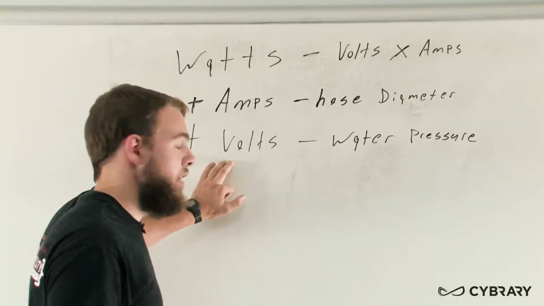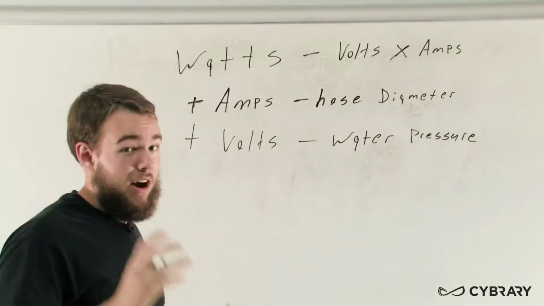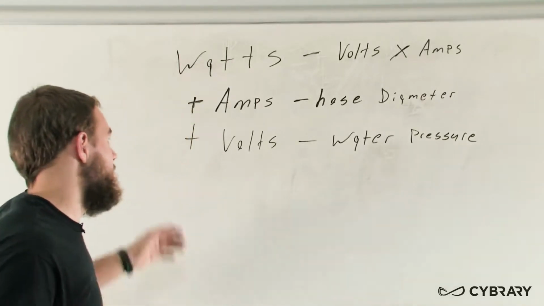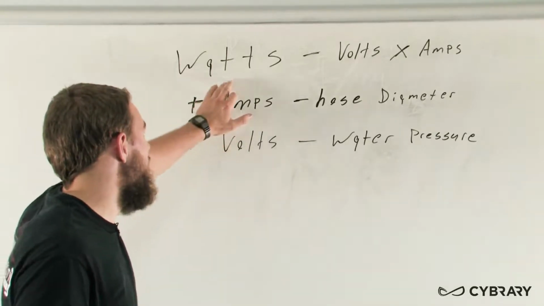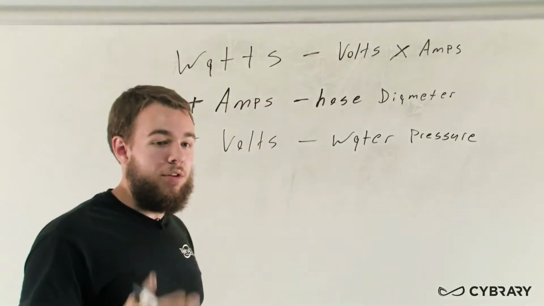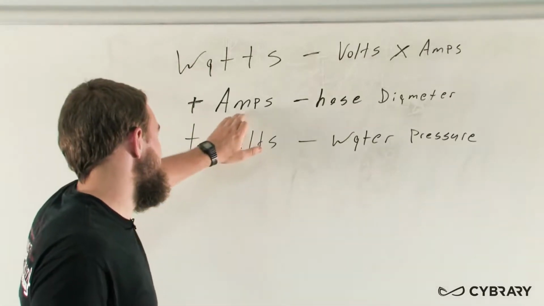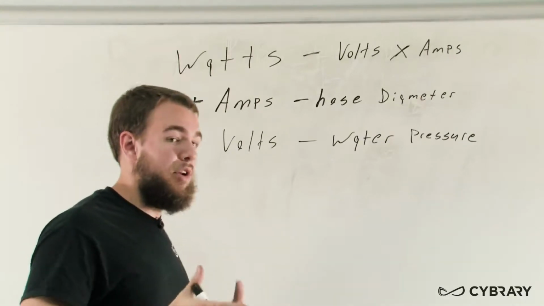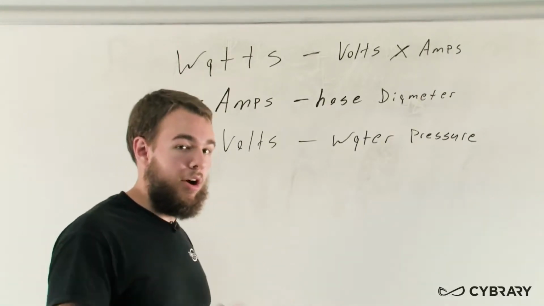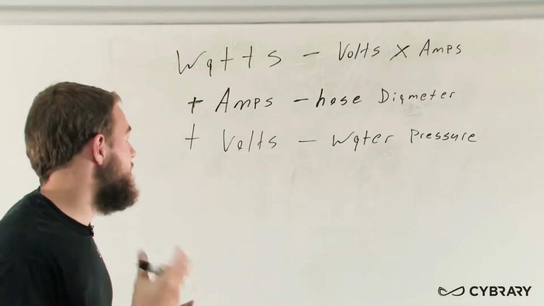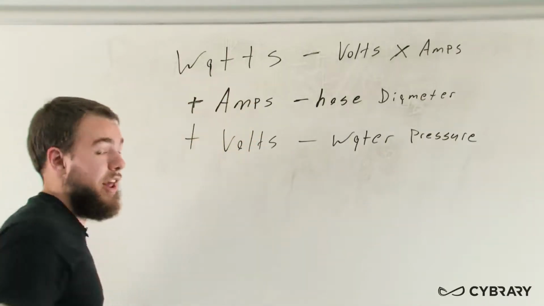But if they both opened up the same amount of water pressure, the fire hose would significantly outmatch that garden hose. So we can see how, when we're talking about wattage, the total amount of water that we're getting out of each of those hoses, amps and volts both come into play. The hose diameter and the pressure behind the water coming out of that hose both come into account. They both make up what our total wattage is.